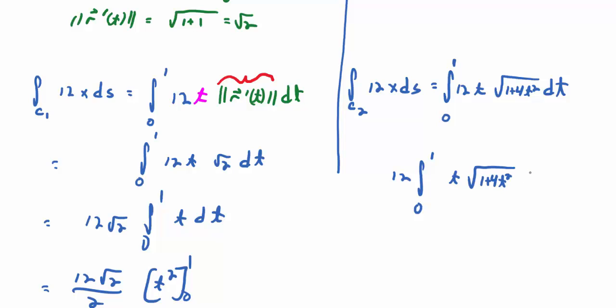What technique do I use to integrate this? U substitution. U would be what? 1 plus 4t squared. So what would du be? Okay, so I need an 8t out there, which means I multiply by 8, I better divide by 8. So now I can integrate this as just u to the 1/2 without actually making the substitution.